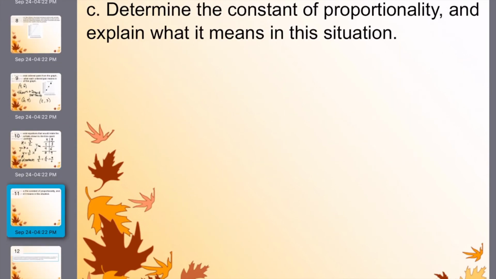Determine the constant of proportionality and explain what it means in this situation. We already did that. We know that our constant of proportionality, or k, equals 3 halves or 1 1/2.